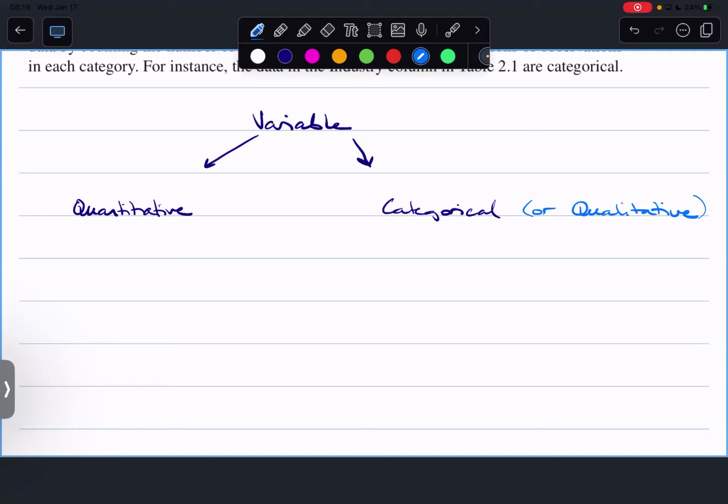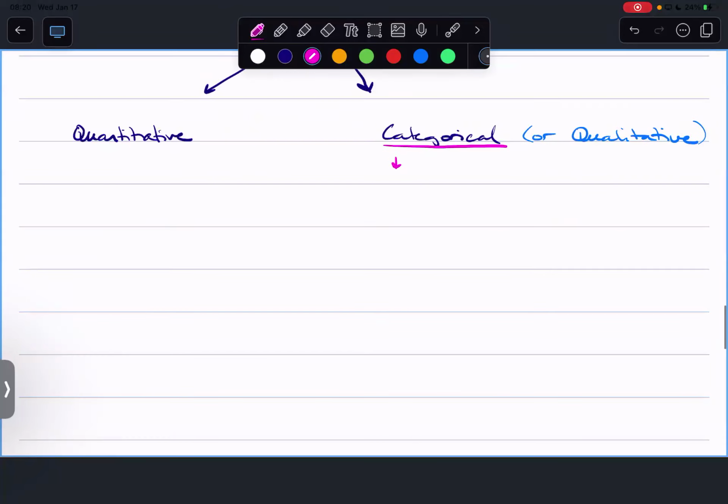So it has some quality that you can categorize by. I do prefer categorical, because it tells me that the data can be put into categories, or observations are put in categories.